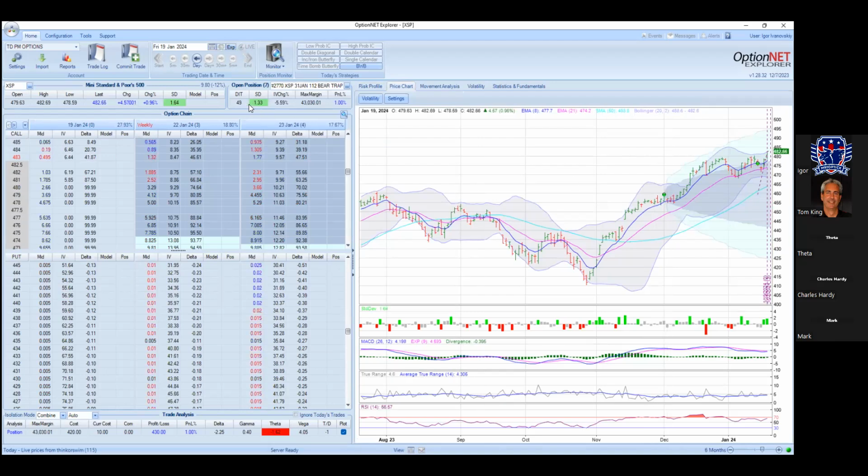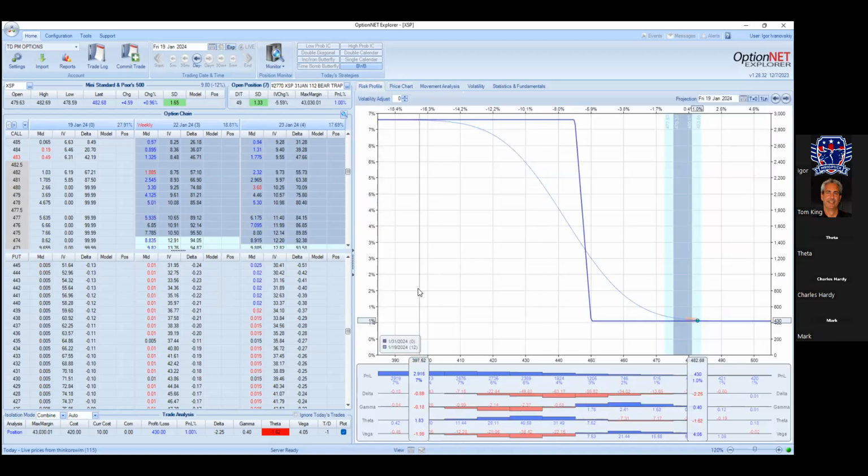We put this trade on 49 days ago. The market has moved 1.3 standard deviations higher, right? We're in a pretty strong uptrend still. And all I did a couple of days ago was close out the naked short puts.